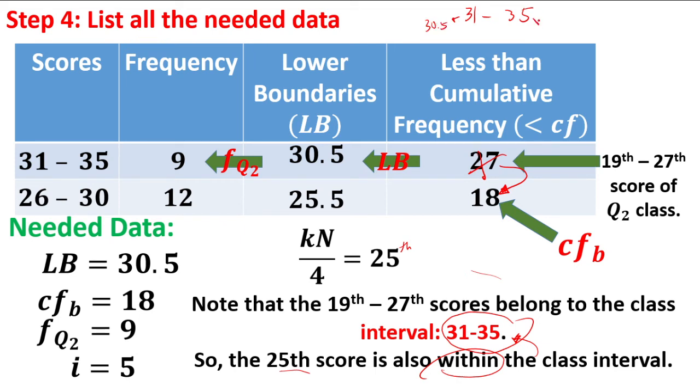And the upper limit of this is 35.5. So, ibig sabihin, ang sagot mo dapat na makukuha mo, yung second quartile value na makukuha mo dapat within this class intervals. So, kapag kumulang ka sa 30.5, mali na yung sagot mo. Pag sumobra ka sa 35.5, mali na yung sagot mo. Dapat within. Okay? Within the boundaries 31 to 35 and considering its lower limit and upper limits.